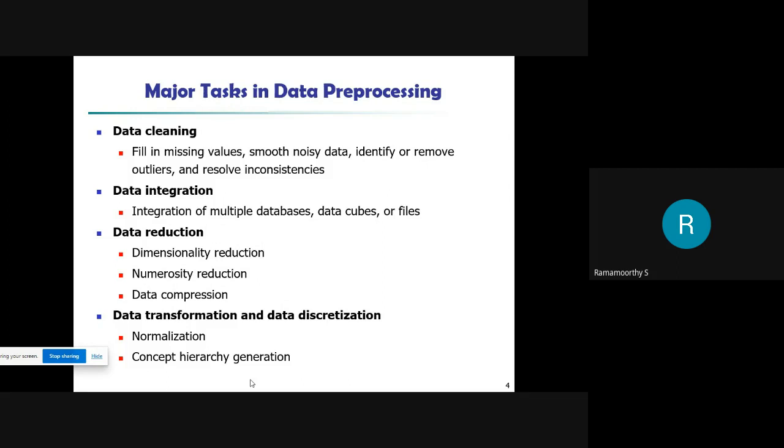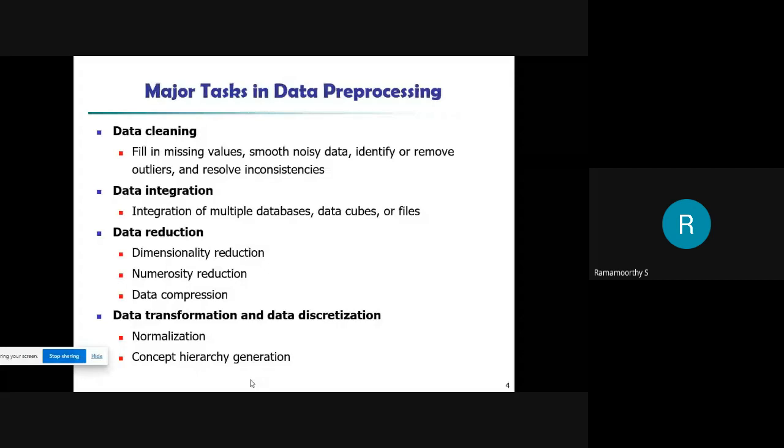And resolve the inconsistency among the data. Only consistent data will be considered quality input for any pre-processing step.